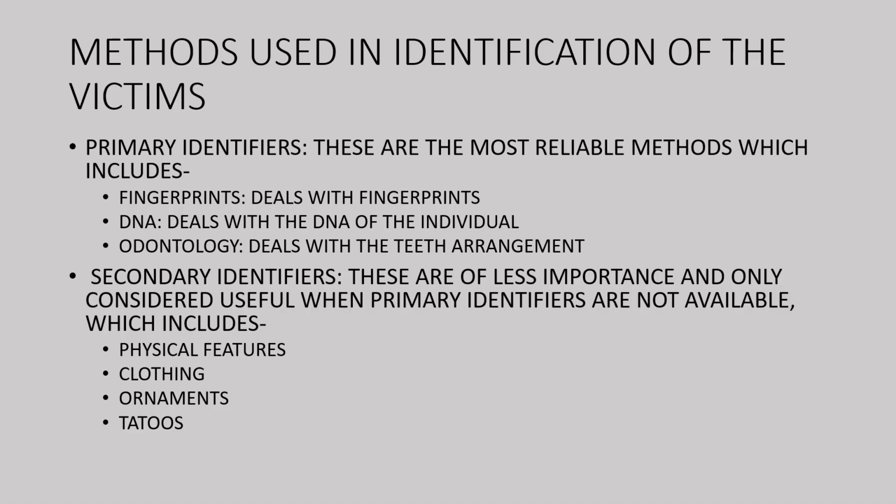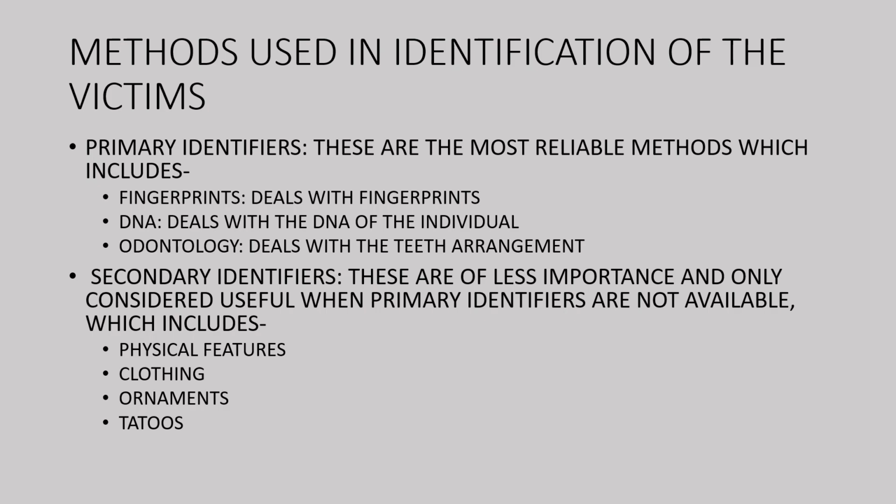The DNA deals with the genetic combination of a person, and it is different in every individual, like that of the fingerprints also. And odontology deals with the arrangement of the teeth. This odontological, that is the dental pattern of a person, also helps in identification of a person.